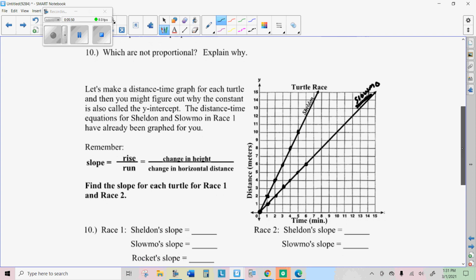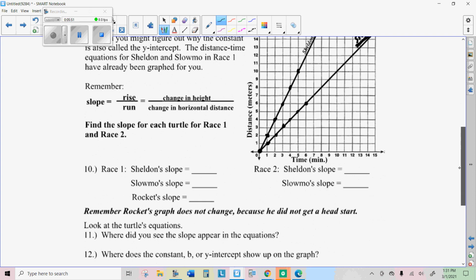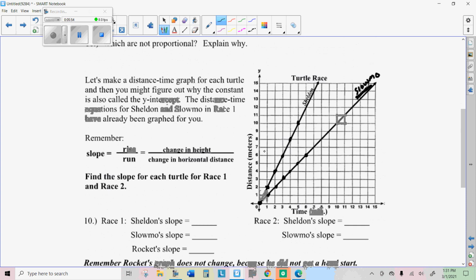And we don't have Rocket on here, but I'll do that in red. But he would go up 2.5 for every 1 second in time. So that'd be 2.5, 5, 7.5, 10, just like the table says. 12.5, 15. So if you drew a line through those red dots, that would be Rocket.